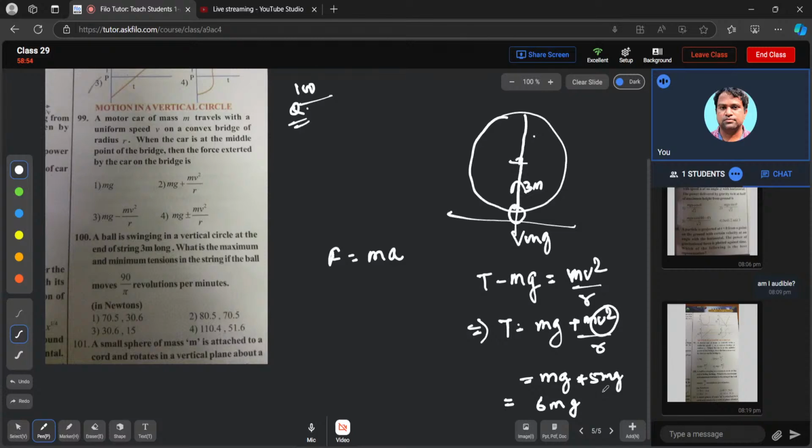Here mass is not given. Here it is given, the ball is making 90 by pi revolution per minute. RPM is given. End of the string 3 meter long.